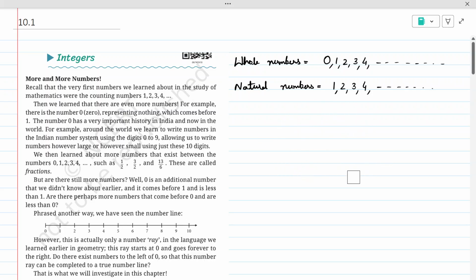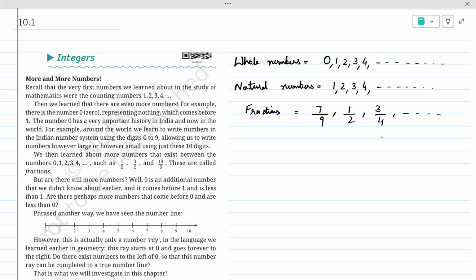Also, we have read about the fractions, the fractional numbers. So I'm writing next, fractions or fractional numbers. Examples are 7 by 9, which is one fraction, 1 by 2, 3 by 4, okay, and so on.